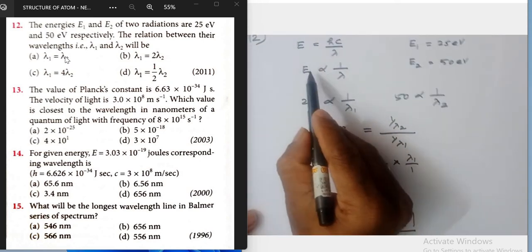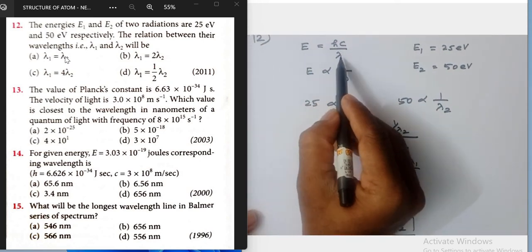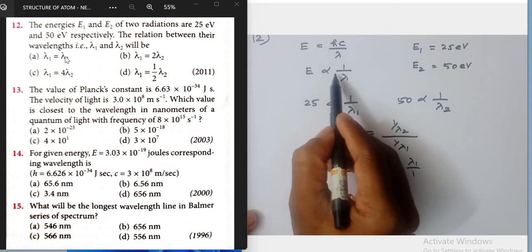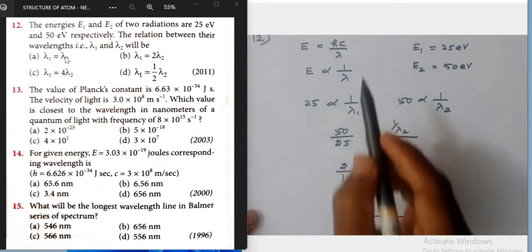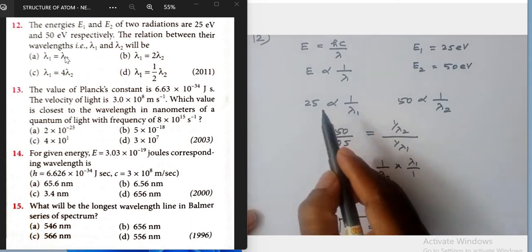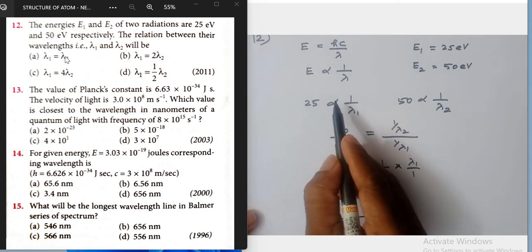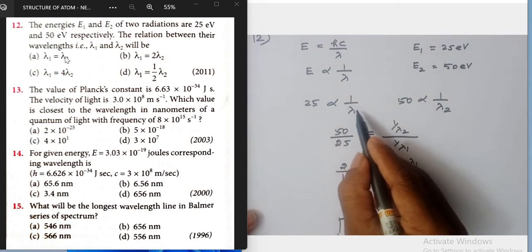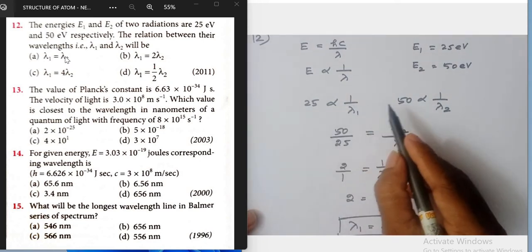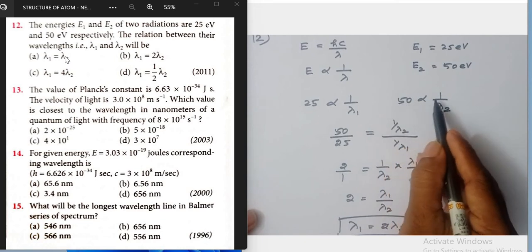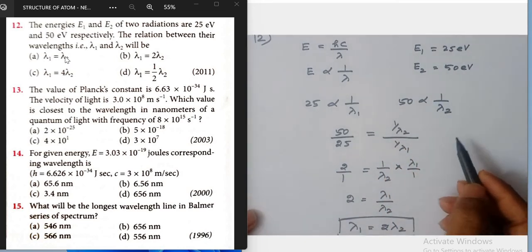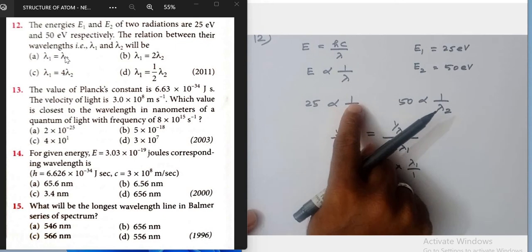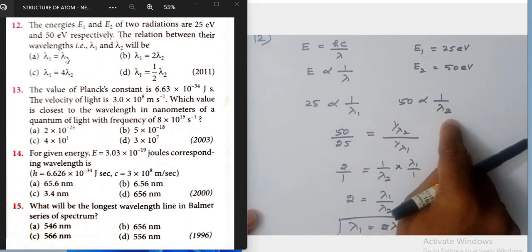The general relation is E equals hc by lambda, or E is inversely proportional to lambda, because h and c are constant. I'll take the wavelength as lambda 1 when energy is 25, and lambda 2 when energy is 50. So 25 is proportional to 1 by lambda 1, and 50 is proportional to 1 by lambda 2.